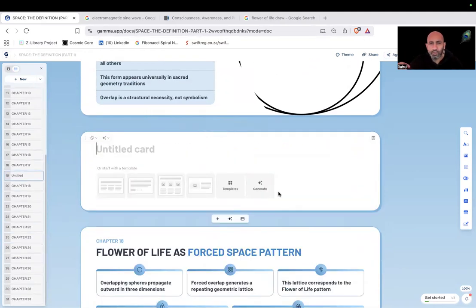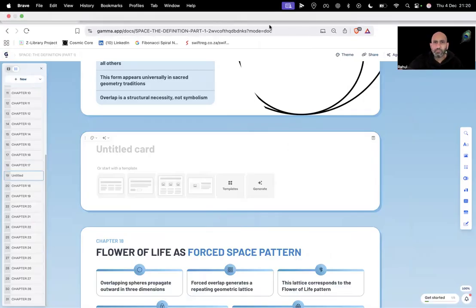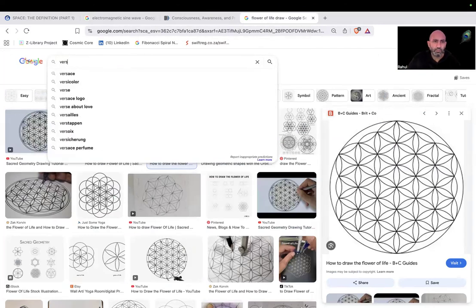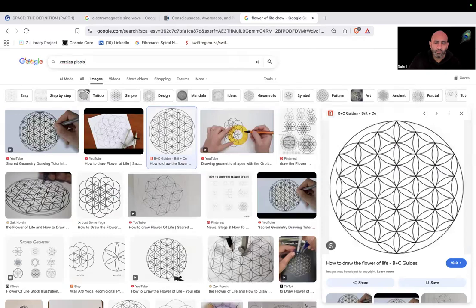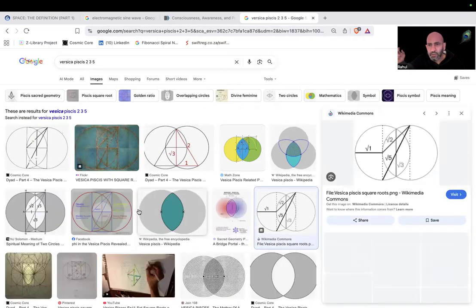Let's just add one more picture. The root 2, root 3, root 5, this picture. Yeah, that one is a cool picture.